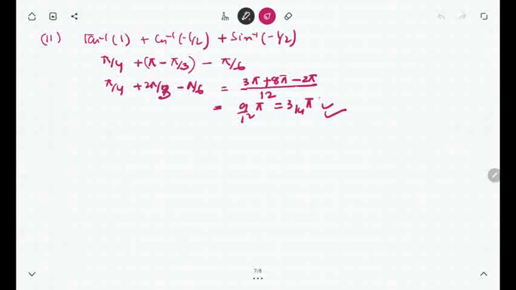So that's the end. 11th we have done, 12th we have done, 13 and 14th answer B we have got. If you want you can check the answers.